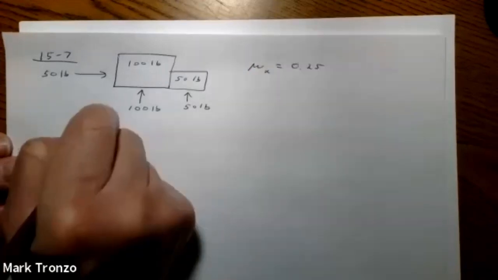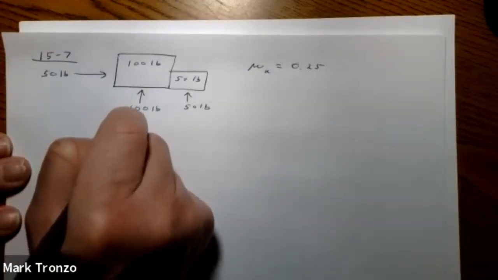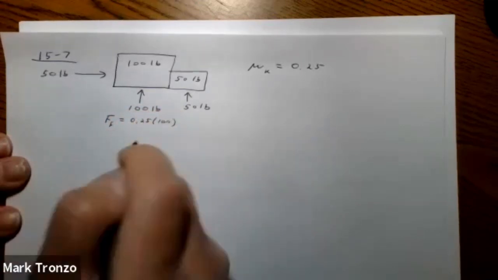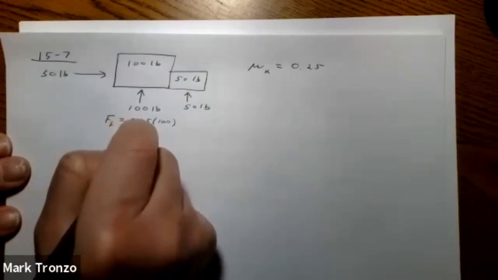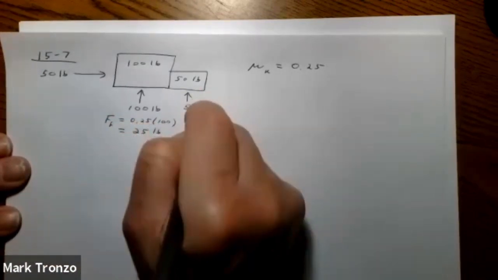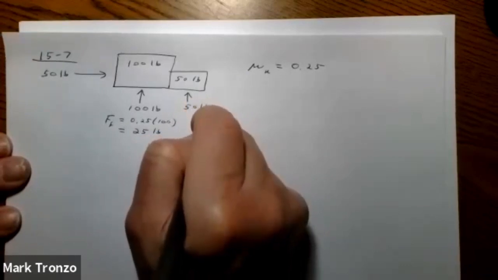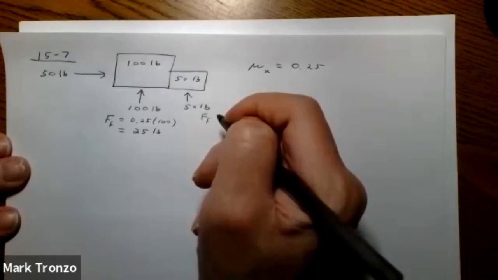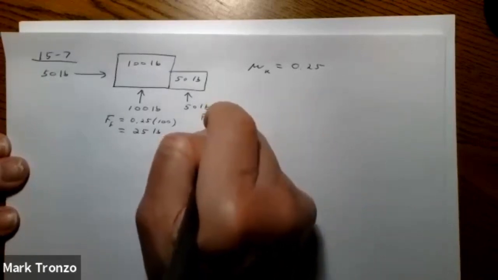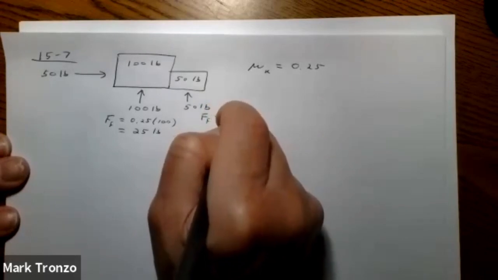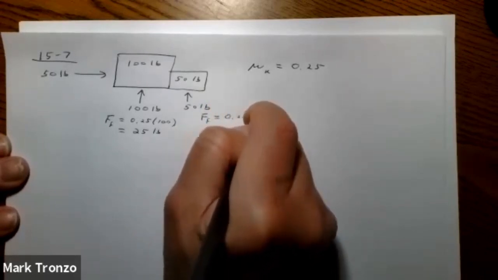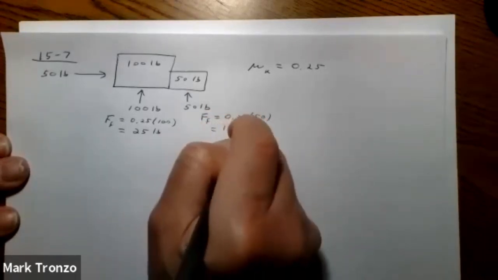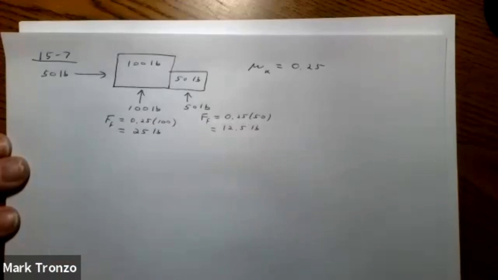So our friction force in this first box here is going to be 0.25 times 100, which is 25 pounds. And over here, the friction force is going to be 0.25 times 50, which is 12.5 pounds. So that's the friction force.